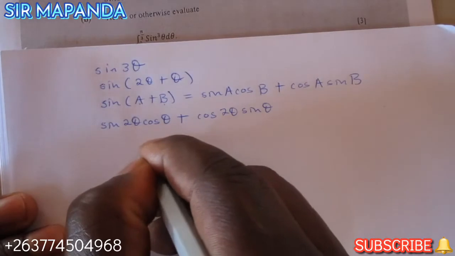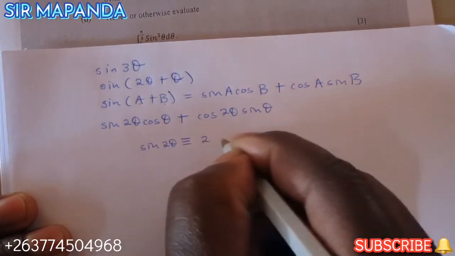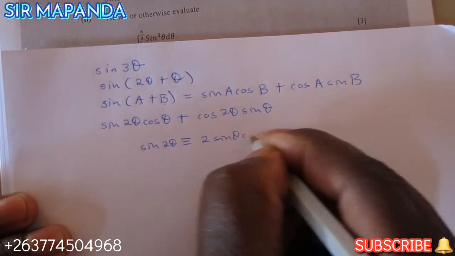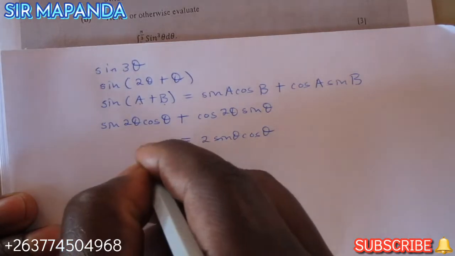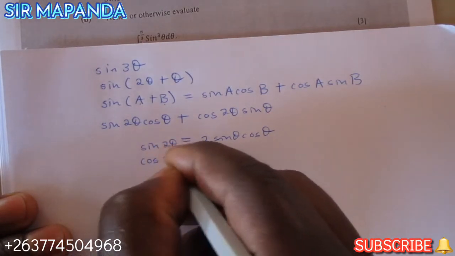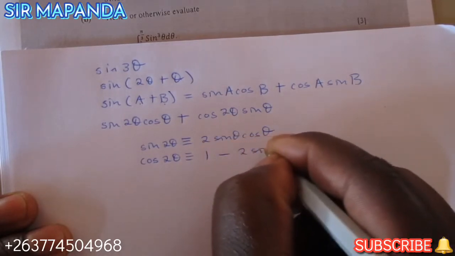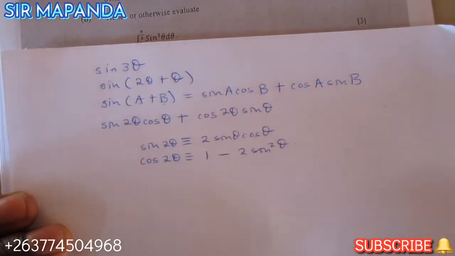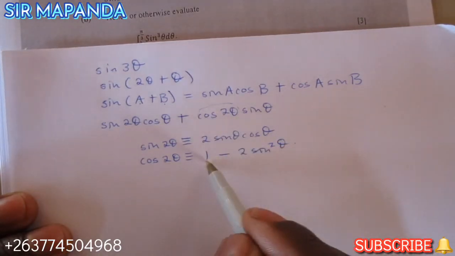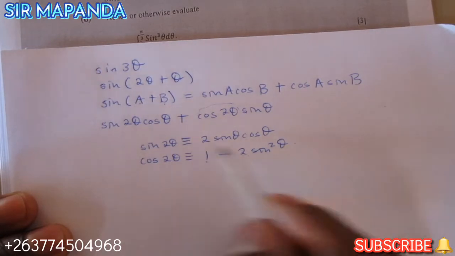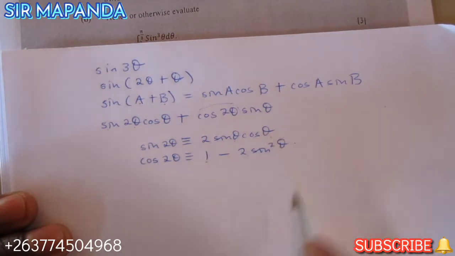But I want you to notice that sine 2 theta is identical to 2 sine theta cos theta. And cos 2 theta is identical to 1 minus 2 sine squared theta. So we are going to replace cos 2 theta by 1 minus 2 sine squared theta, and sine 2 theta by 2 sine theta cos theta.